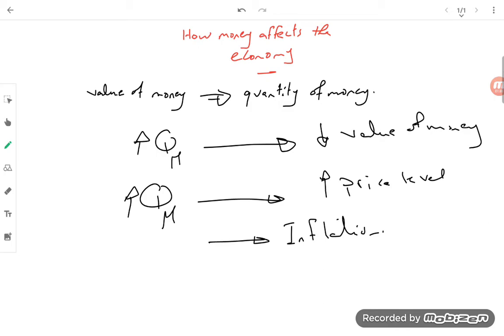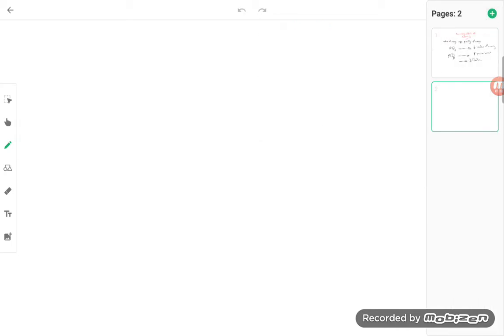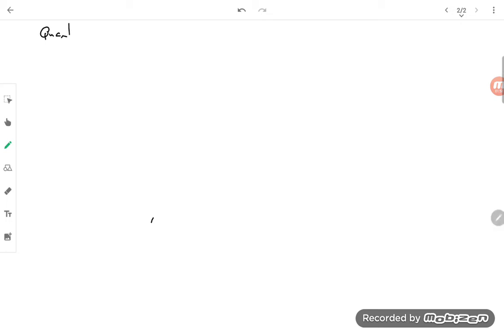There are a number of theories that explain the relationship between money and prices, or in other words, how money affects the economy. They are known as the quantity theory of money, or QTM. This theory explains how money affects the economy.